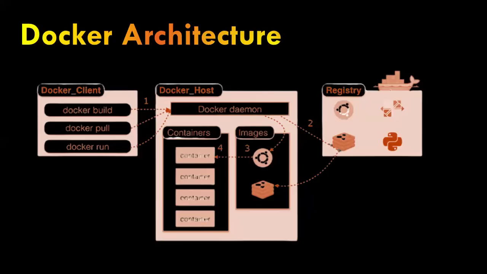So what we do is use Amazon's ECR, the Elastic Container Registry. You can create a repository there, and then we store the containerized application in ECR.